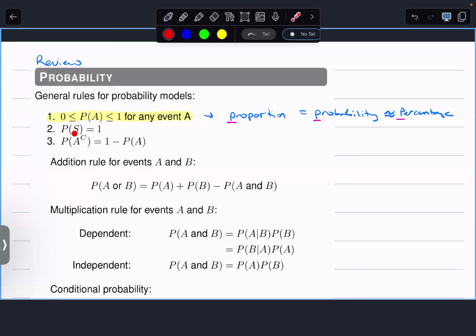We introduced the idea of the sample space S. I can't remember what we called it, we'll see on the next page, but S is the sample space, which is the set of all possible outcomes.